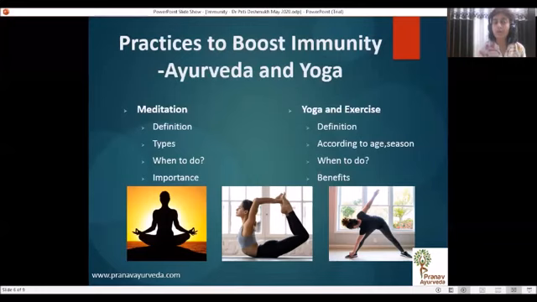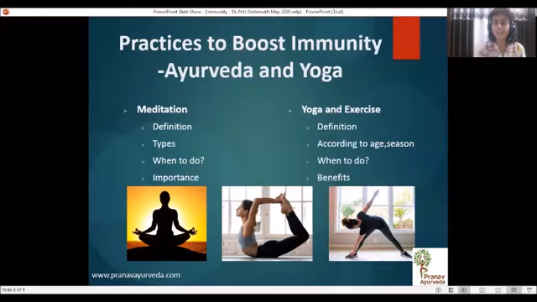Now, the types of meditation which can be done at home, that is, in an enclosed room, Om carving done on the front wall, and you can focus on it.